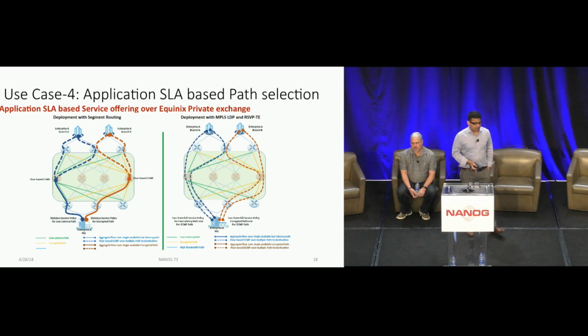If you see in this diagram, Enterprise A HQ needs to connect to Enterprise A branch A. Think of it as my encrypted path or my low latency path. I create one service policy, the blue service policy, and this service policy will hit my core routers. In my core router, it sees two paths to go to branch A, so it will do ECMP by itself.